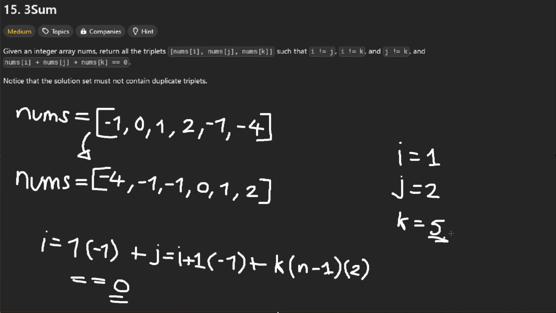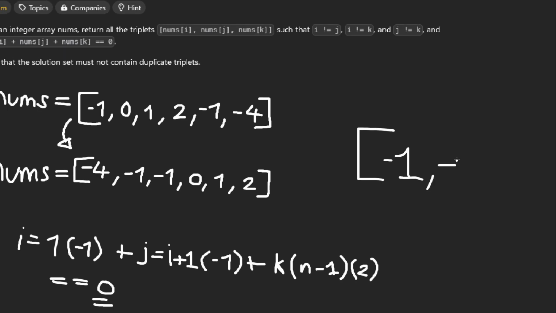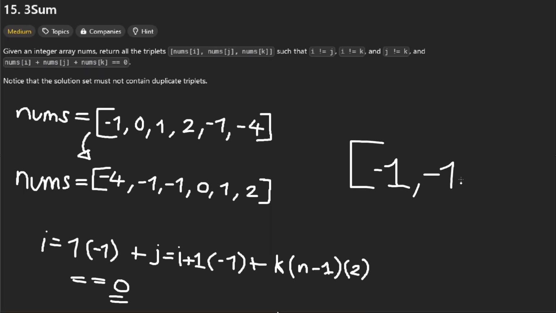And we want to return this in an array. So what this would look like instead is we'd have our array, which would have -1, -1, sorry, and 2.